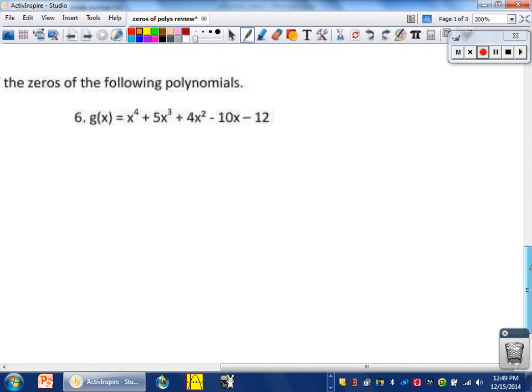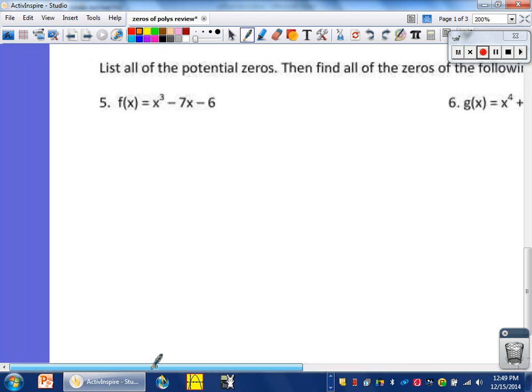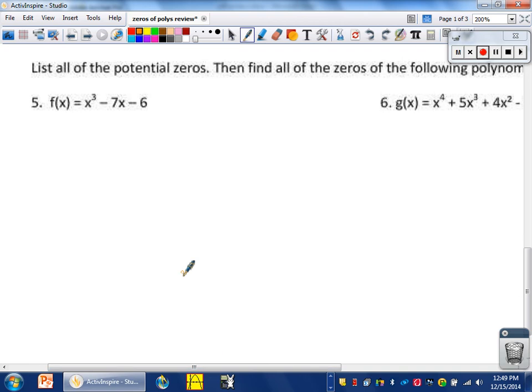Okay, and the crux of it is this last stuff, finding the zeros of your polynomial. Okay, with nothing given, the first thing we have to do is talk about your potential zeros. So your potential zeros always come from the factors of your last number divided by the factors of your first number.